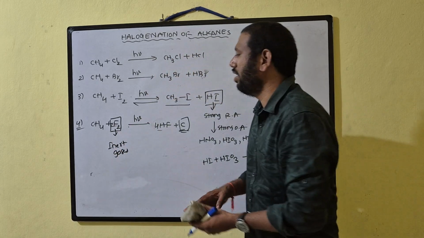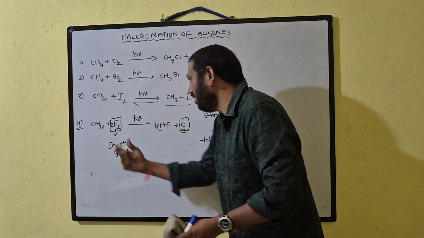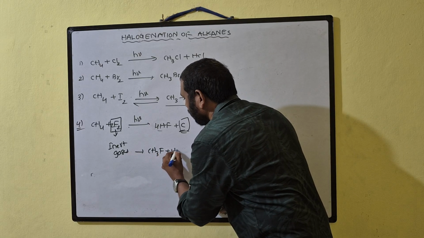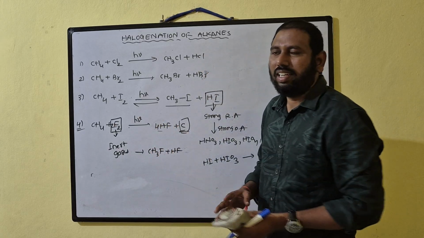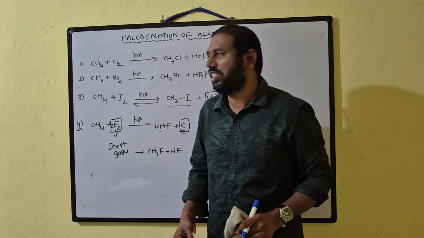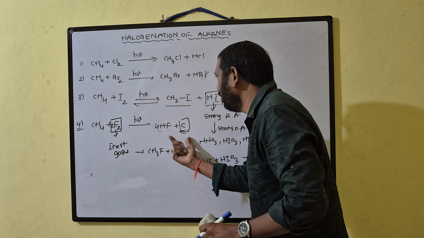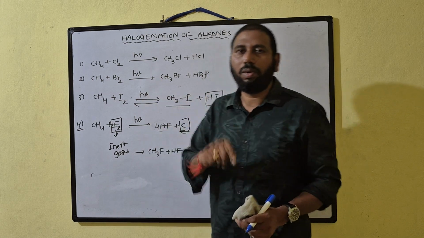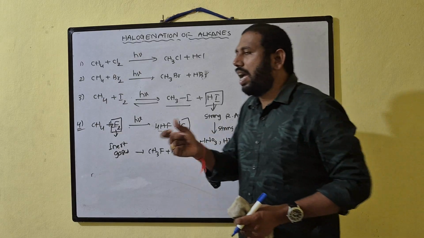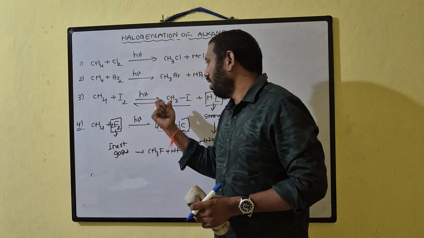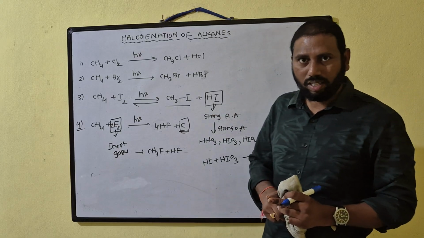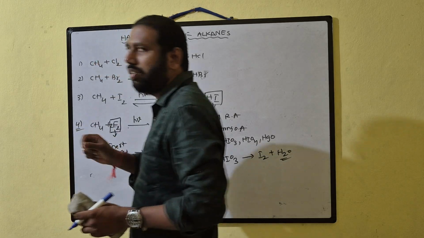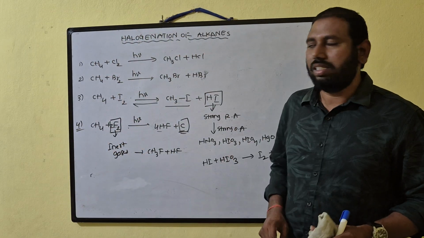If you add inert gases, it dilutes and the reactivity decreases. Then we can get chloroalkanes. But it is not suitable, because it is an explosive reaction. So these two methods for preparing chloroalkanes and haloalkanes are not suitable. We can prepare haloalkanes and chloroalkanes in good yield by the halogen exchange method, right? In the next video we will discuss the halogen exchange methods.